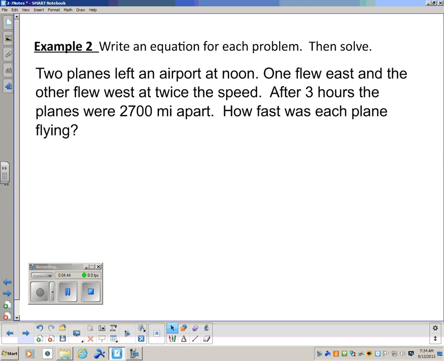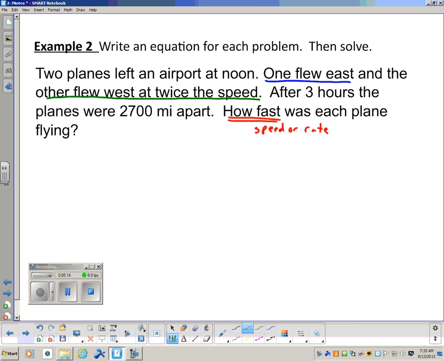So thinking through this very similarly, but not exactly the same. We've got 2 planes leaving the airport at noon, and one flew east. The other flew west at twice the speed. The question asks us how fast, so that's asking about speed or rate, same thing.